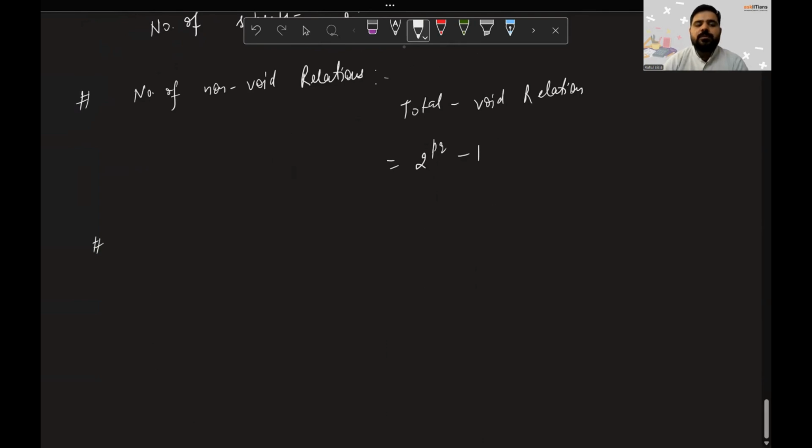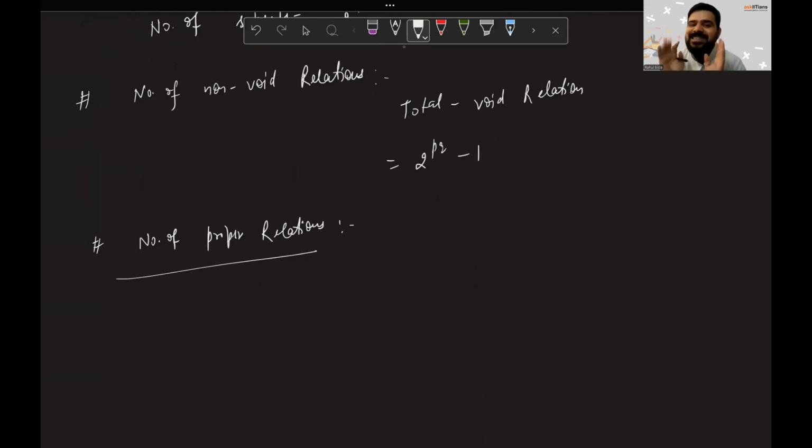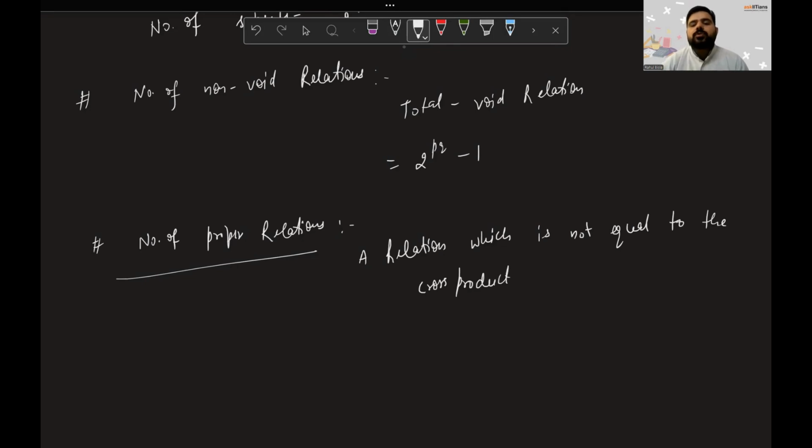The next discussion is the number of proper relations. If you remember, the number of proper subsets, exactly the same thing. We don't want the whole cross product to be equal to the relation. A relation which is not equal to the cross product.